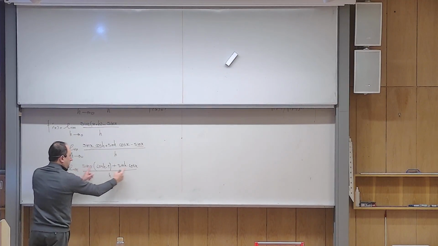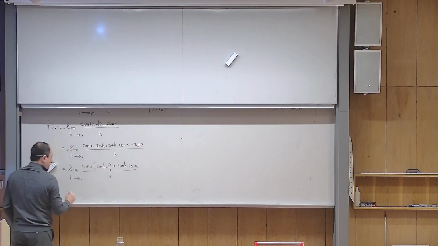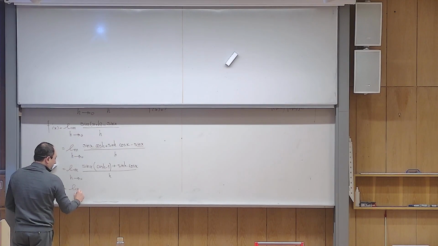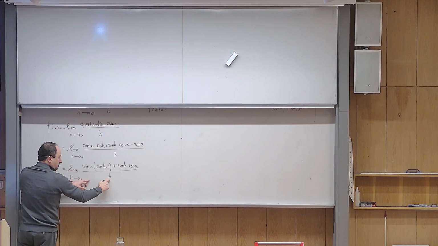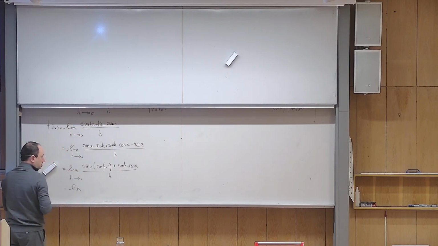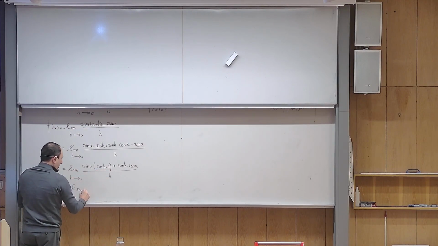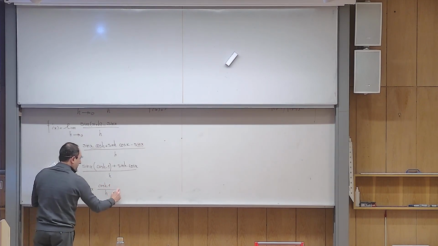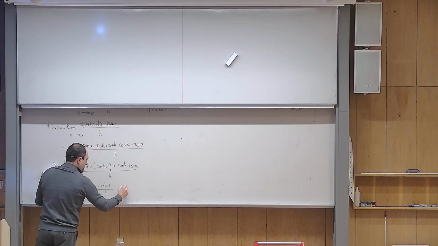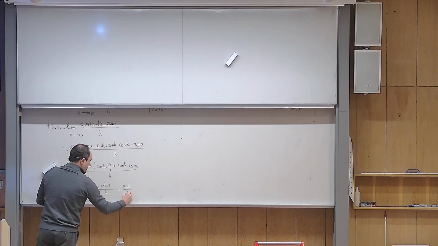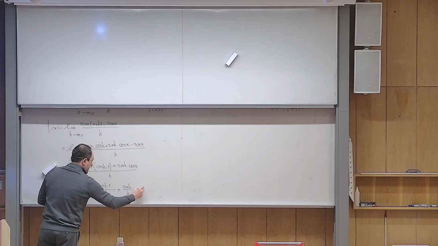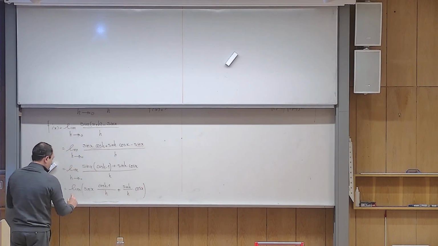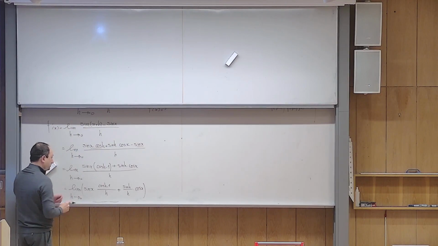So I have the sum of two numbers divided by h. I can divide the first number by h plus the second number by h. And when I divide this by h, I write it slightly differently. I would write it like this, and then here, I would write it like this, as h goes to 0.